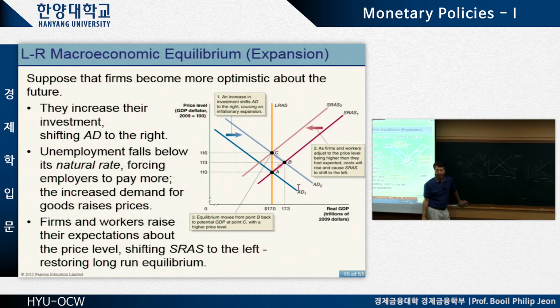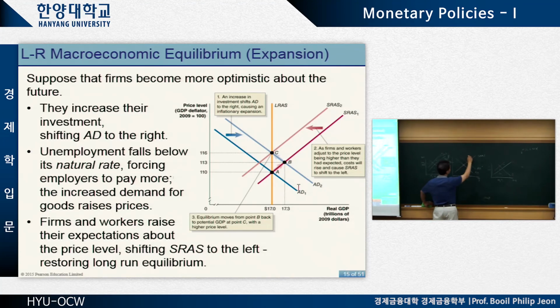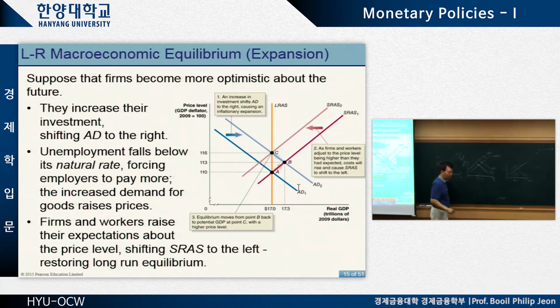Well, what does that mean in terms of short-run aggregate supply? When the resource price goes up, short-run aggregate supply will decrease. So eventually, short-run aggregate supply would shift to the left.